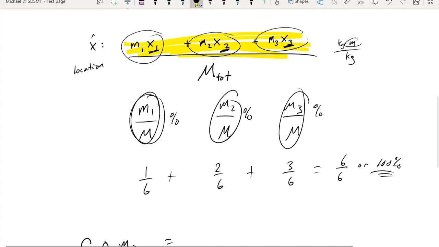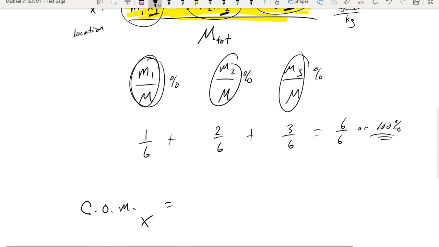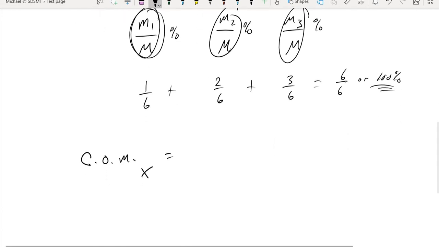Well, we have a summation of each individual mass times its individual position on the x-axis. And we can simplify that by writing it out as a summation.